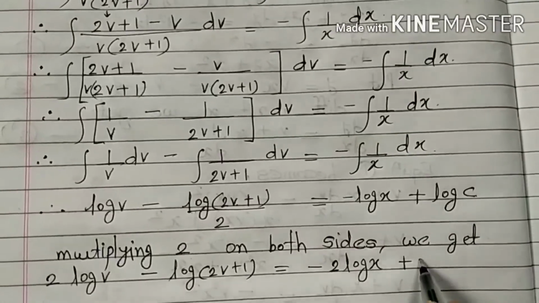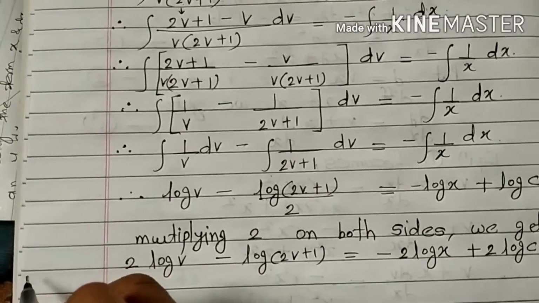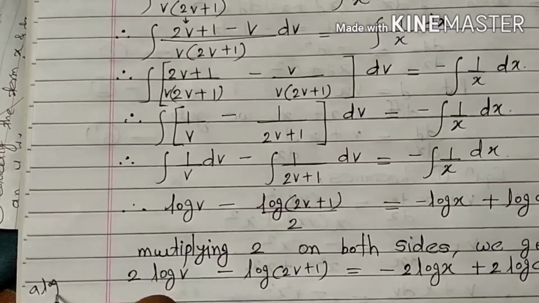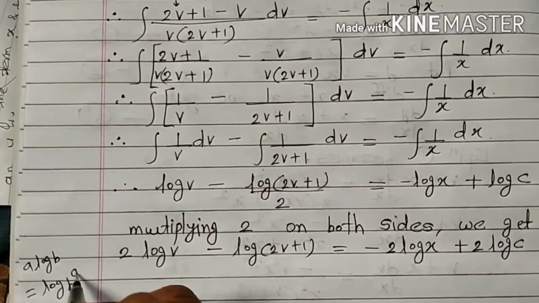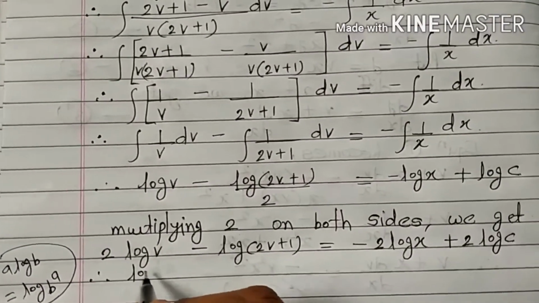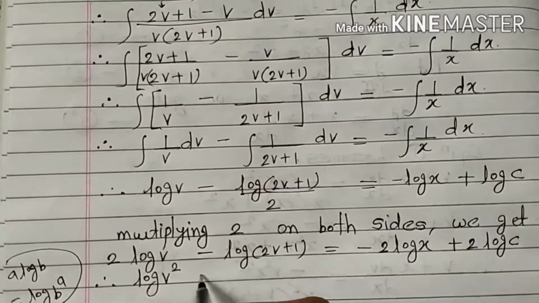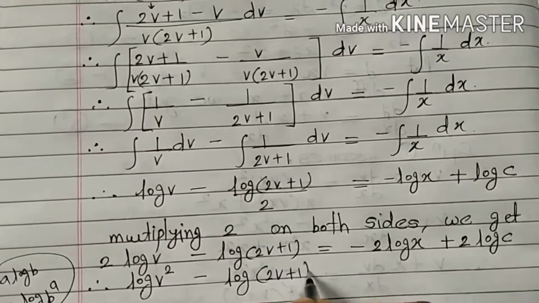Now by the power law, so what is the power law? a log b is equal to log b raised to a. Using this law, we get here log v square minus log 2v plus 1. This is as it is.